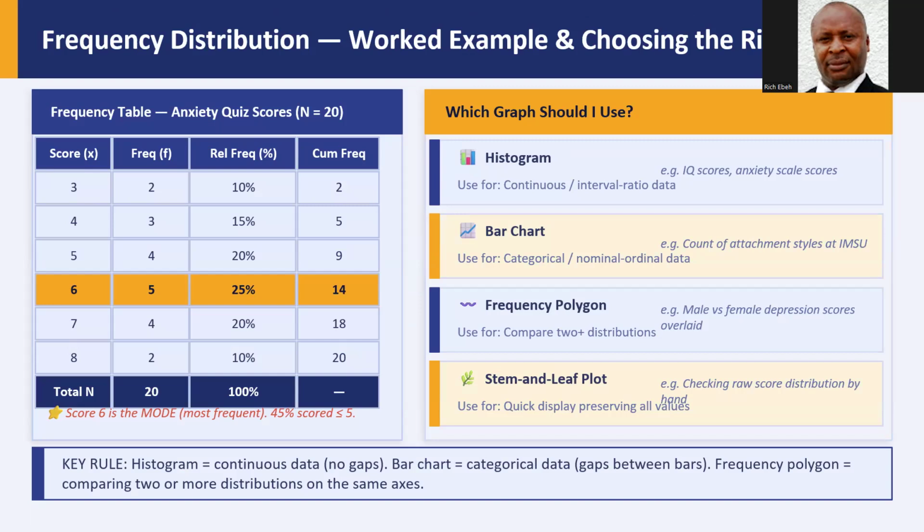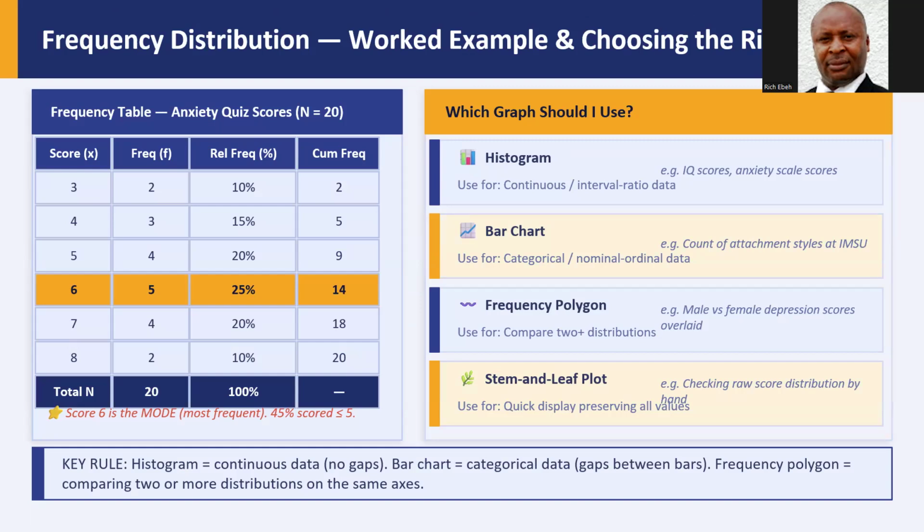Like the table you see here, we have, let's call it the raw scores of a group of students. Let's call them 20 PGD students who took an anxiety test.